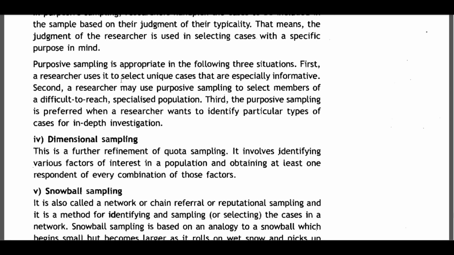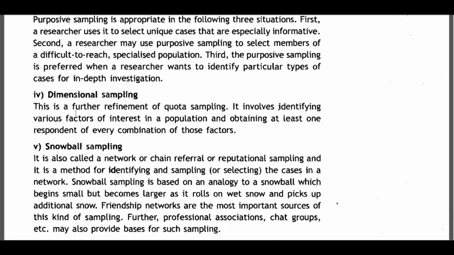First, a researcher uses it to select unique cases that are especially informative. Second, researchers may use purposive sampling to select members of a difficult-to-reach specialized population. Third, purposive sampling is preferred when researchers want to identify particular types of cases for in-depth investigation.